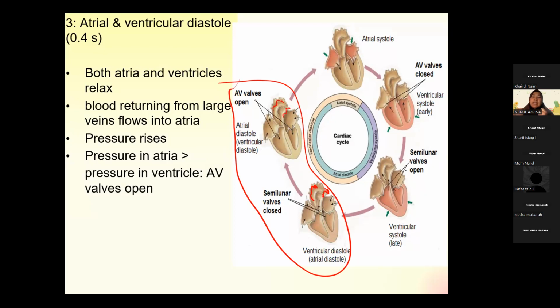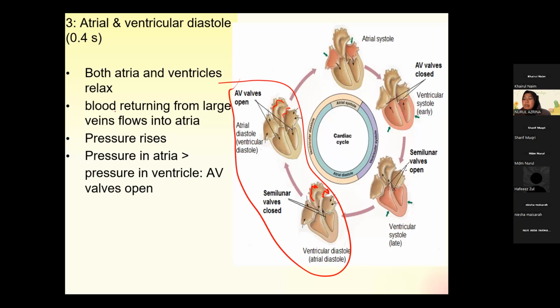Since ventricle has contracted, blood has been pumped from the ventricle into the large arteries, aorta or pulmonary artery. So next what happened to the ventricle? Both ventricle and atria will be relaxed, or we call it diastole. Switch into diastole mode lah. So both atria and ventricle will relax.